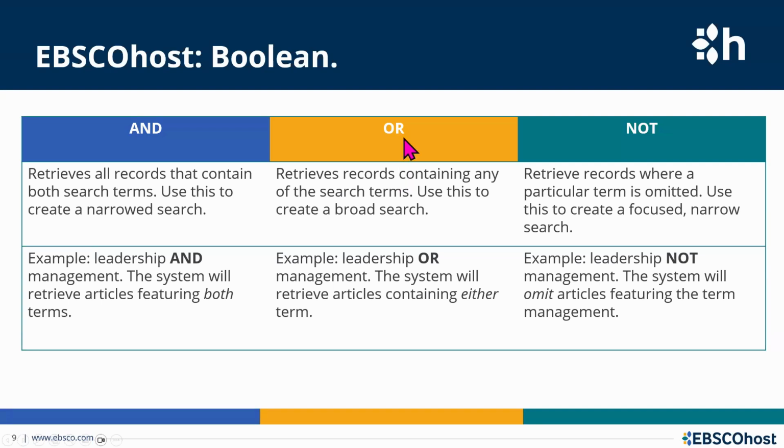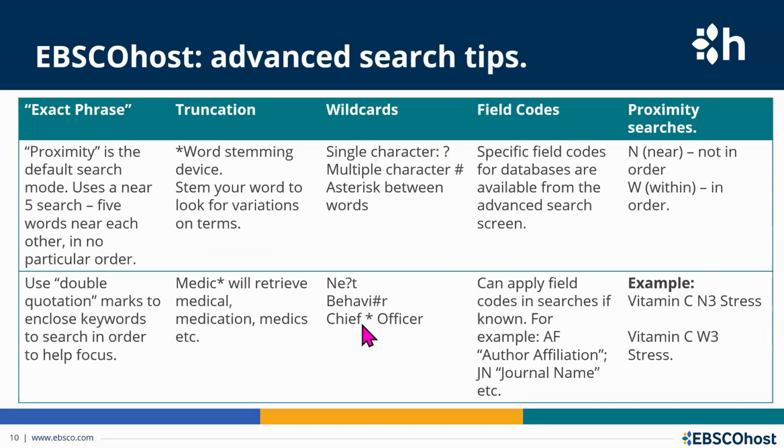The OR Boolean operator will create a broader search and will retrieve articles that contain either of those terms. And the NOT Boolean operator can help you to narrow your search and will omit articles from your search results after that NOT operator. So if I typed in leadership NOT management, the system would only retrieve articles about leadership, but not about management. So AND, OR, NOT is supported in the new interface.